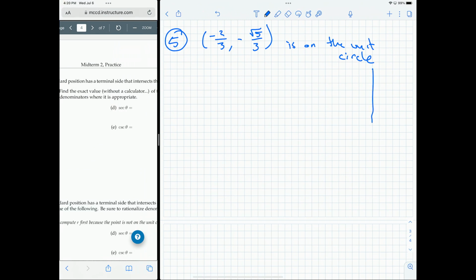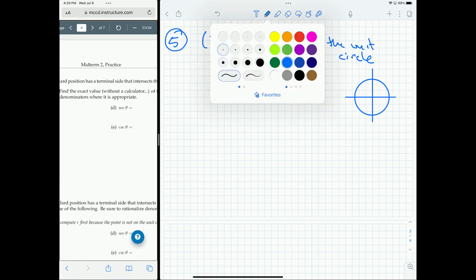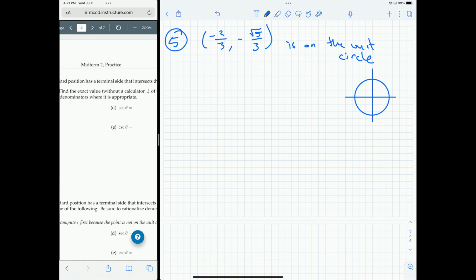So let me just draw a little picture here just to make sure we understand. So we've got the unit circle and there's an angle somewhere. Since the x and the y are negative, I know it's going to be down here somewhere.